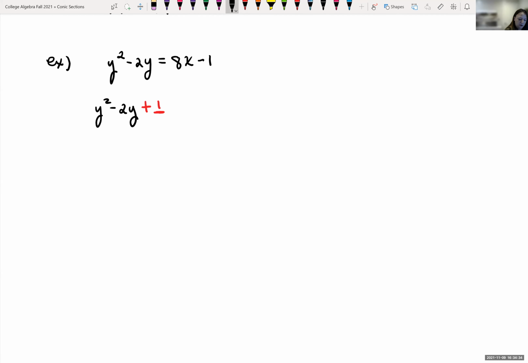And whatever we do to one side of our equation, we got to do to the other side. So let's also add 1 to the right-hand side. So this left-hand side is now a perfect square. So y minus 1 quantity squared is equal to 8x.